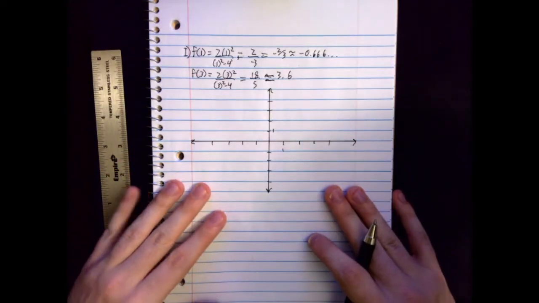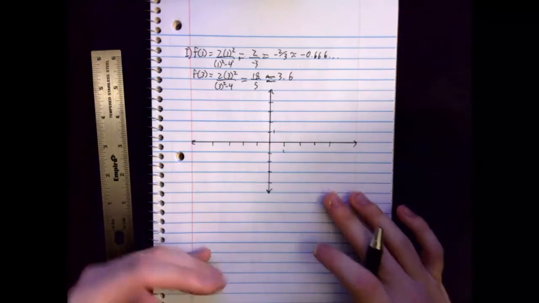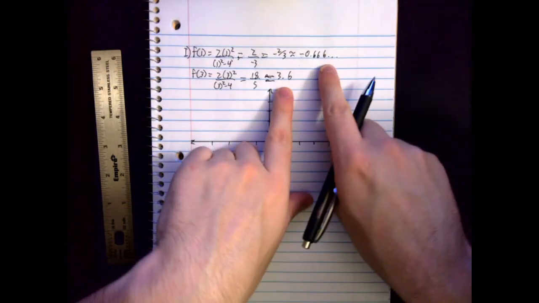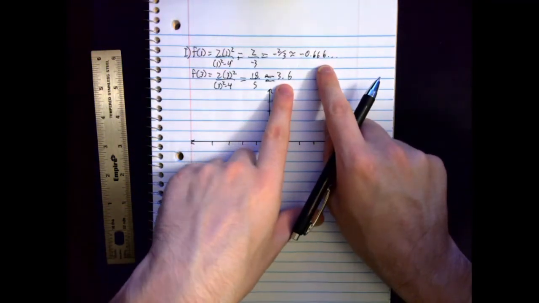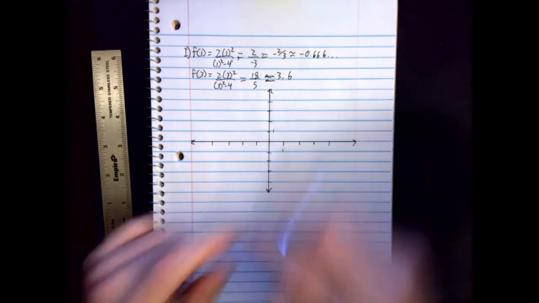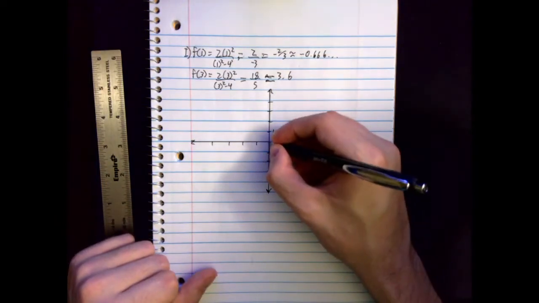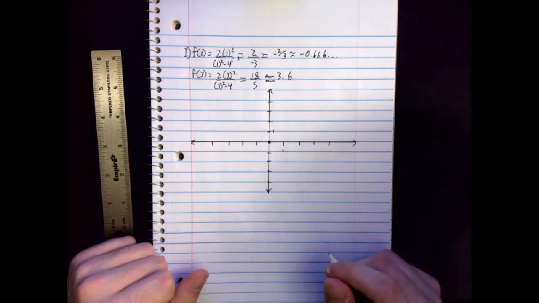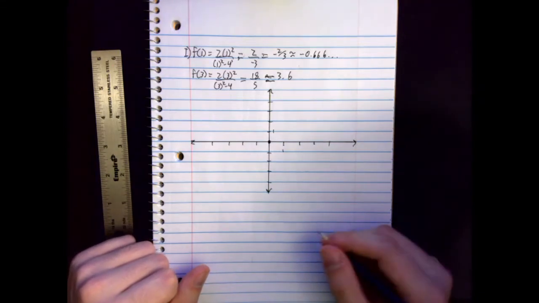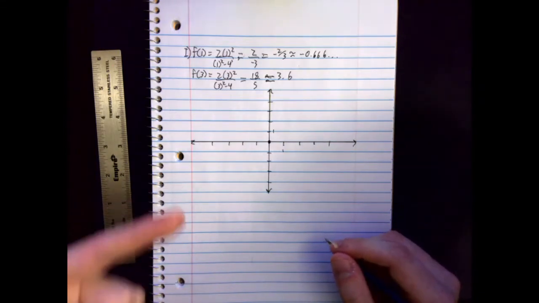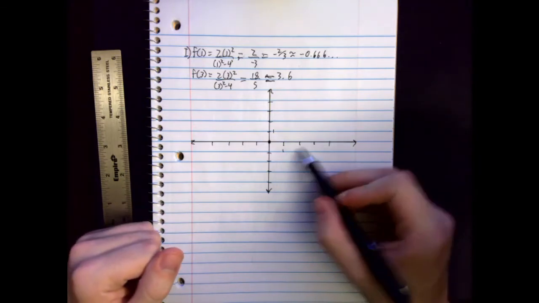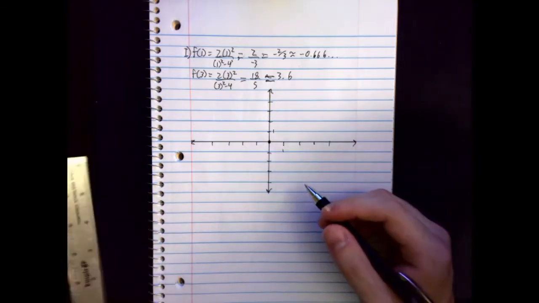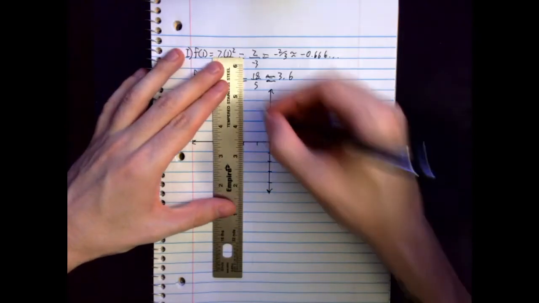So let's go ahead and, in order, place our information on the graph here. Maybe we'll go ahead and put these points in too. We did those last, but we'll graph them first. So we know that our intercept was at the origin, so 0, 0. We know that we have vertical asymptotes at +2 and -2. So let's draw those in.